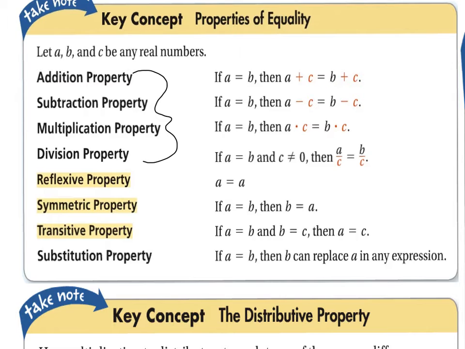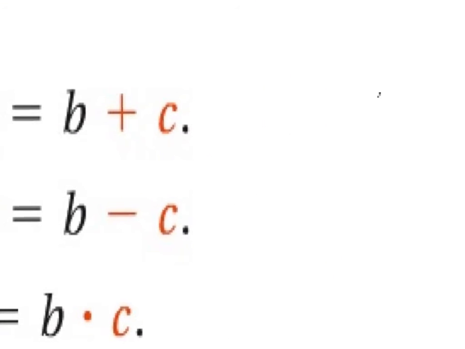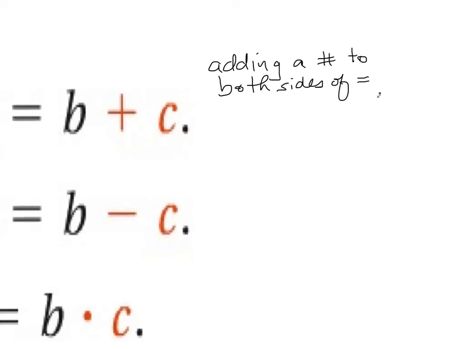If you notice this, it says if A equals B, then A plus C equals B plus C. Notice what they did from this to this. They added C to each side of the equal sign. When you're using the addition property, and you'll want to write this down as we go through, this is when you are adding a number to both sides of the equal sign.